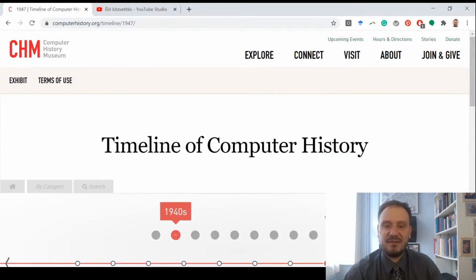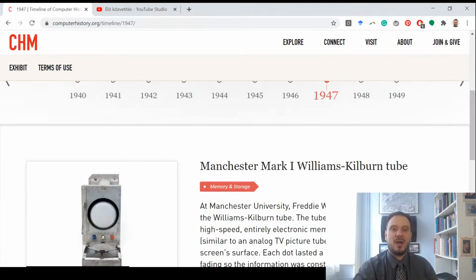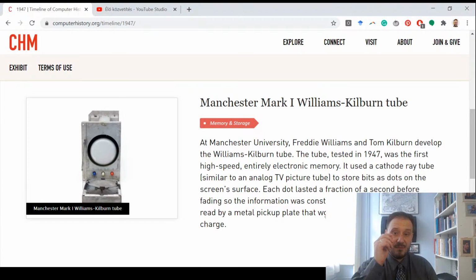It's 1947, when the Manchester Mark I Williams-Kilburn tube was introduced. It was the first high-speed, entirely electronic memory. It used a cathode ray tube, similar to those in old televisions, to store bits as dots on the screen's surface.